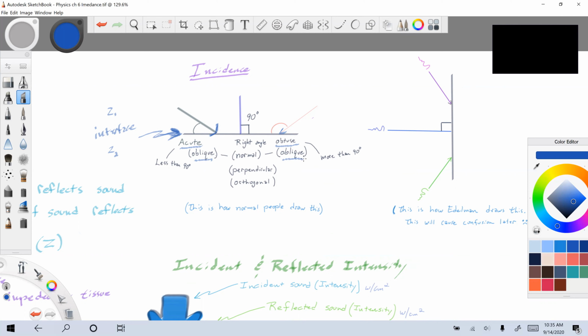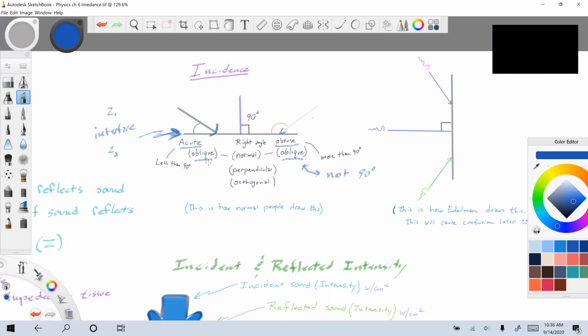Oblique is anything that is not a 90-degree angle. So we don't use the terms acute and obtuse very often. We will say oblique more often.